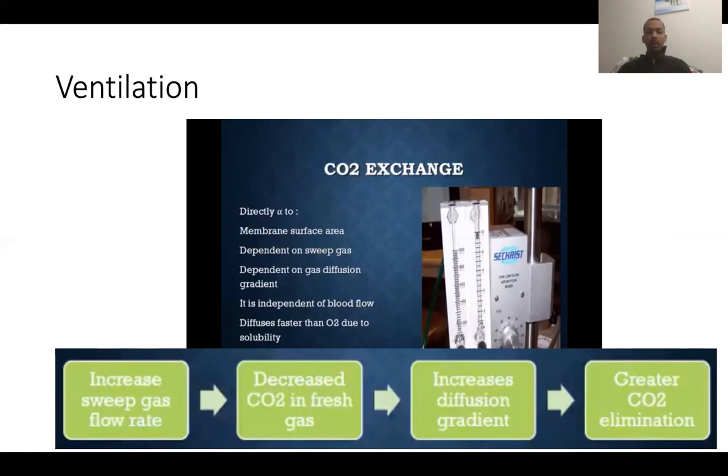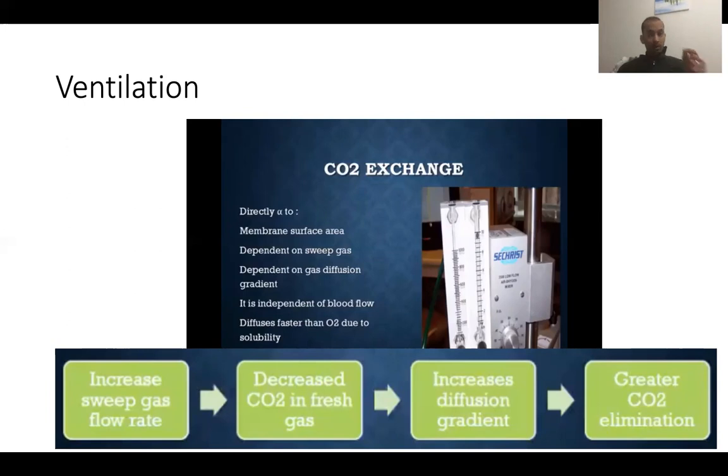Okay, so amount of gas that's swept from the deoxygenated blood out into the equipment, and then gas diffusion gradient. Now, carbon dioxide is independent of blood flow. You can crank up the RPMs for the equipment as much as you want, but that's not going to affect your carbon dioxide. Okay? It's purely dependent on the sweep gas and the diffusion gradient.